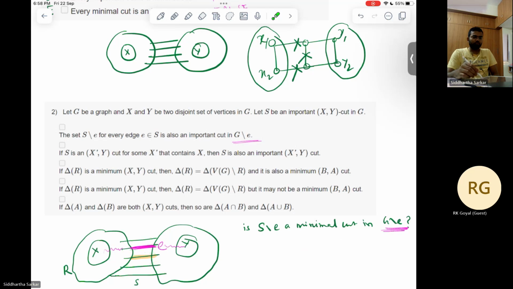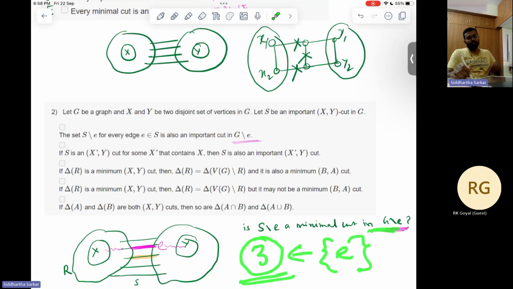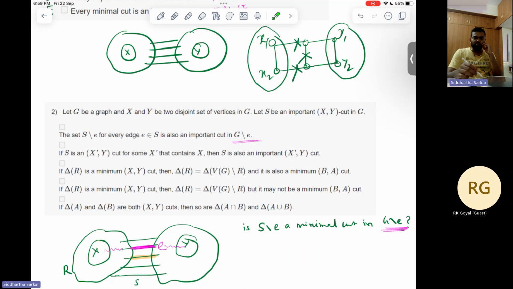Now in G minus E, if G minus E has a cut of size 3, then you add E to that, and that would be a cut of size 4 in G, and that is a contradiction. So if the size of the minimal cut in G is mod S, then the size of the minimal cut in G minus E would be mod S minus 1, that is 4.